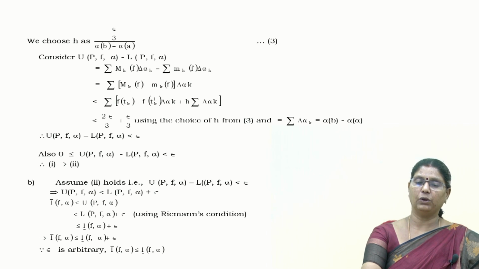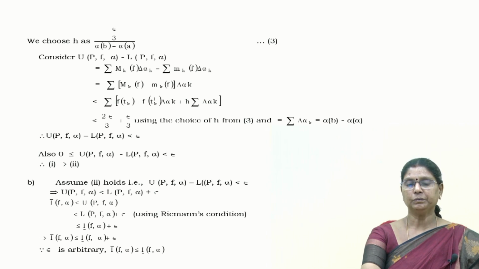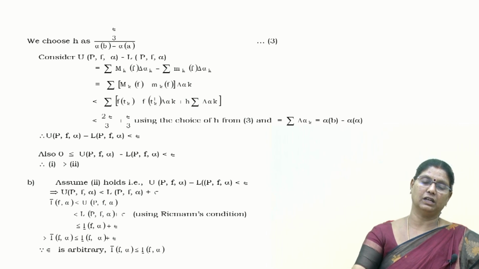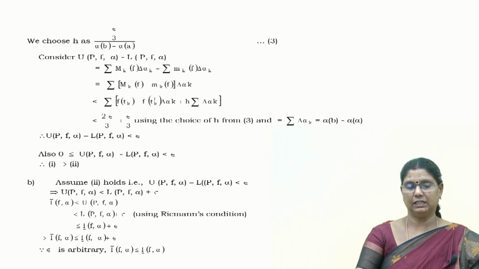Now we consider U p f alpha minus L p f alpha, and that can be written by the definition of U and L, that is, summation of Mk of f into delta alpha k minus summation of small mk of f into delta alpha k, and this can be bounded by summation of f of Tk minus f of Tk dash into delta alpha k, and hence we have obtained finally that U p f alpha minus L p f alpha is less than epsilon, and thus we can write 0 less than or equal to U p f alpha minus L p f alpha is less than epsilon.